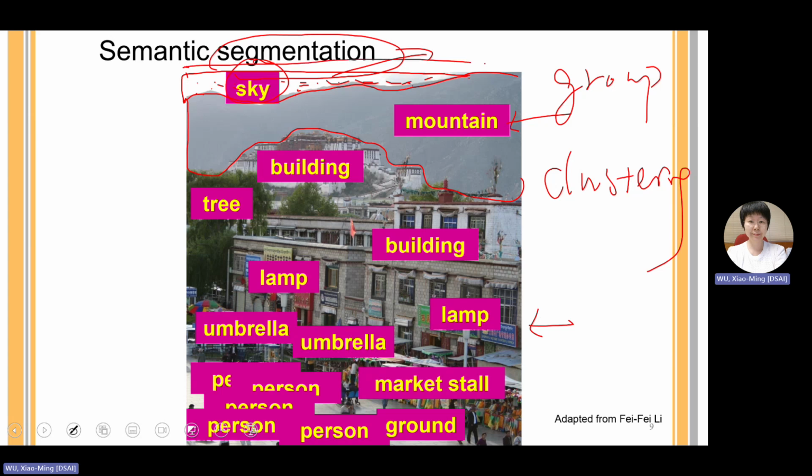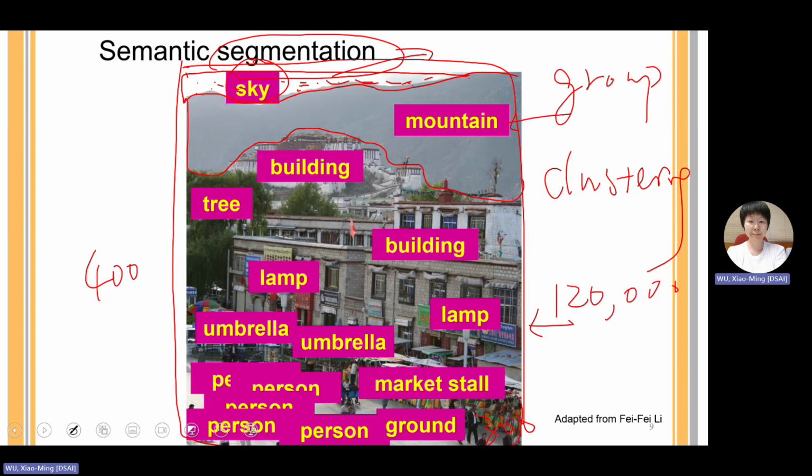We are given this image consisting of 400 times 300 pixels, which is equivalent to this many pixels. We can build a graph to group all those pixels into different clusters. Normalized cut was one of the most popular approaches for segmentation.